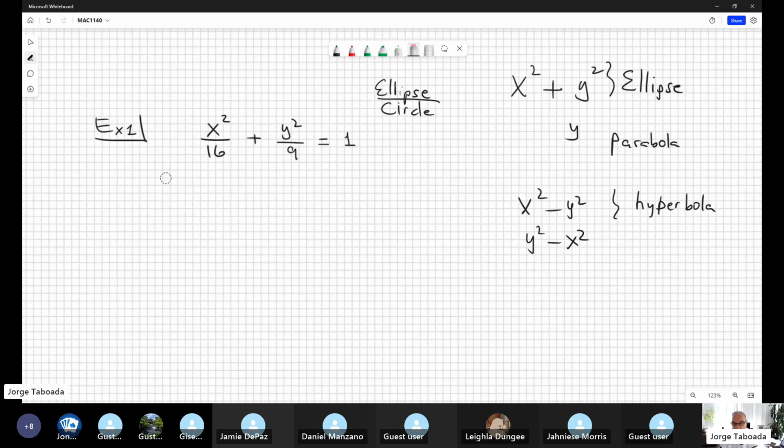Are you clear on how to identify that the equation given in example one looks like an ellipse?